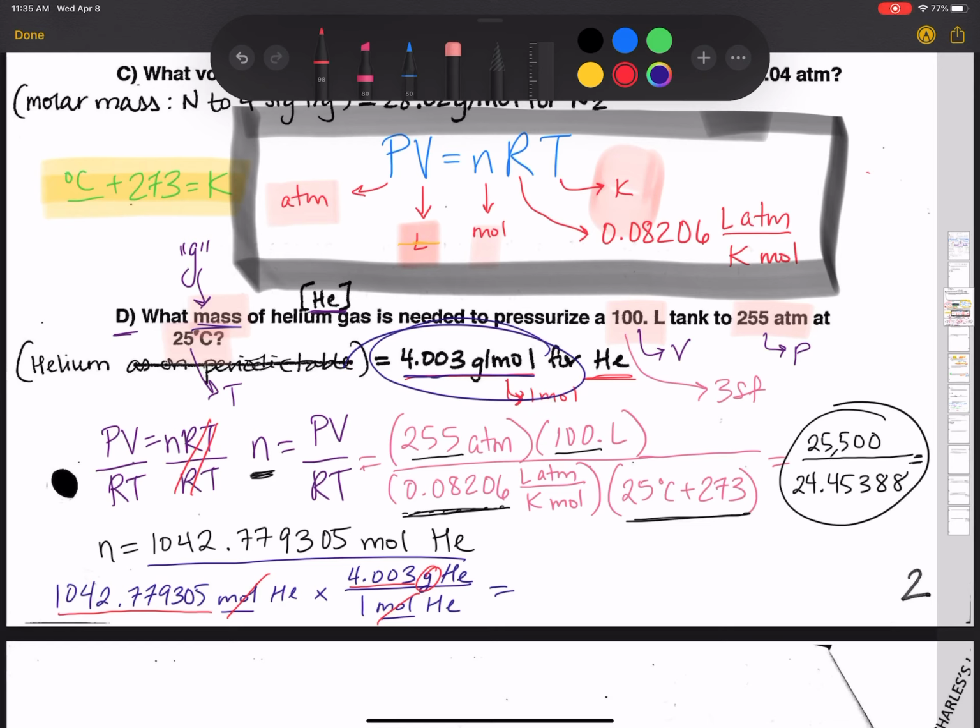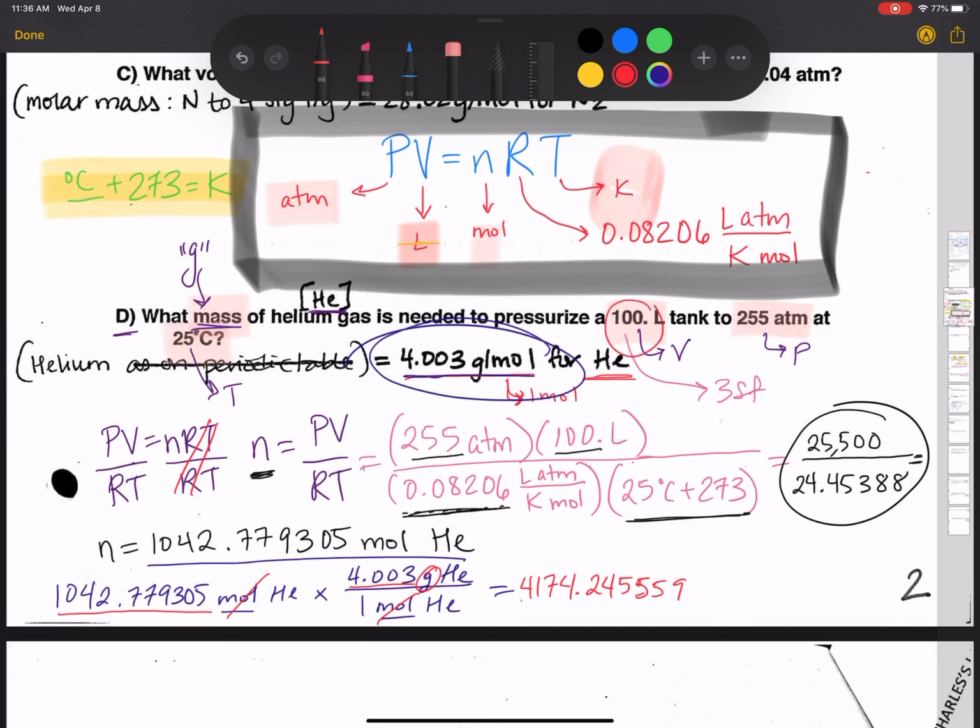Your calculator then should stare back at you with this really long number, 4174.245559. Okay, let's go back and check our sig figs.